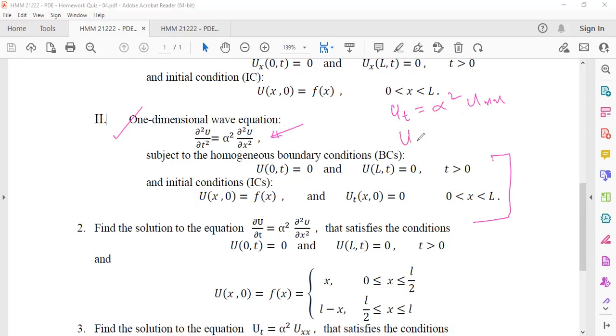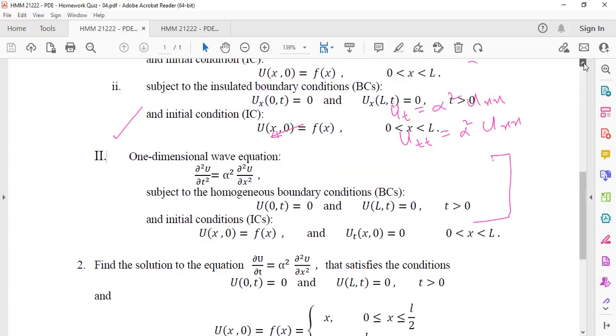For the wave equation, the only difference is that here it is second order. This is first order, this is second order. So there we need an extra condition compared to the heat equation. You can compare these two.